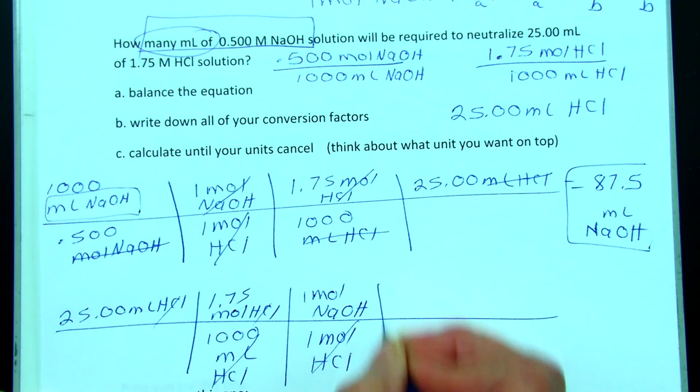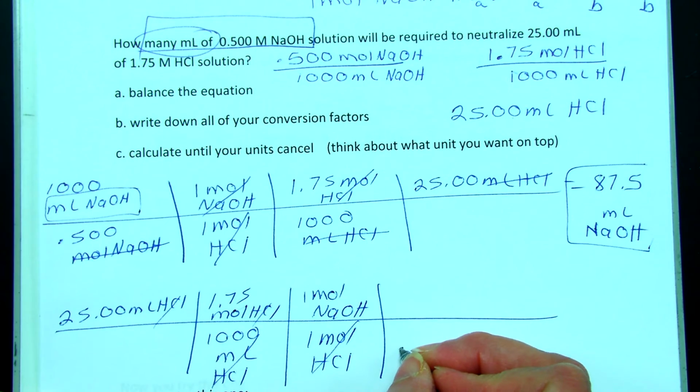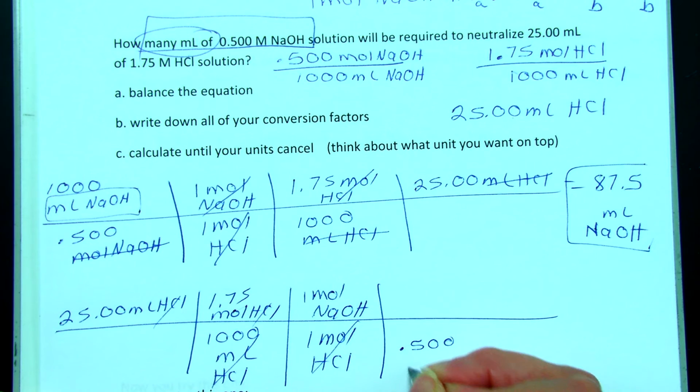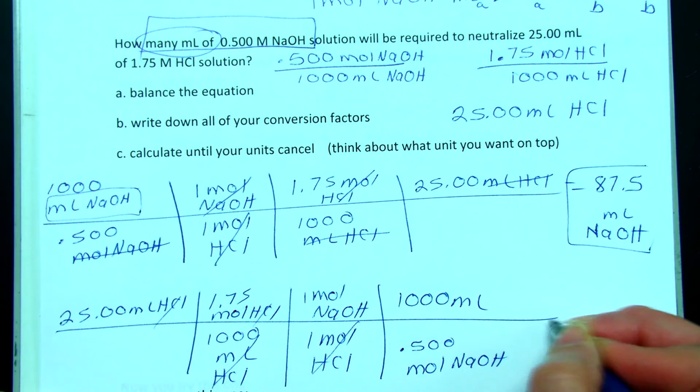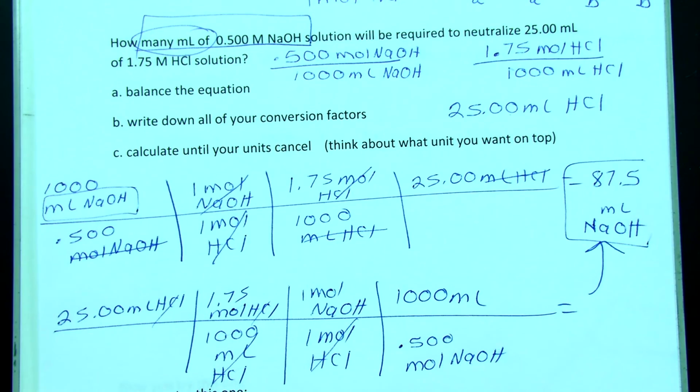So that cancels. And 0.5 moles of sodium hydroxide is 1,000 milliliters. So now I get the same answer. So if you look at these two, do you see that this is just going backwards? I just have everything exactly backwards. I'm still multiplying and dividing all the same numbers. So if you're not sure where to start, maybe this backwards idea will help you.